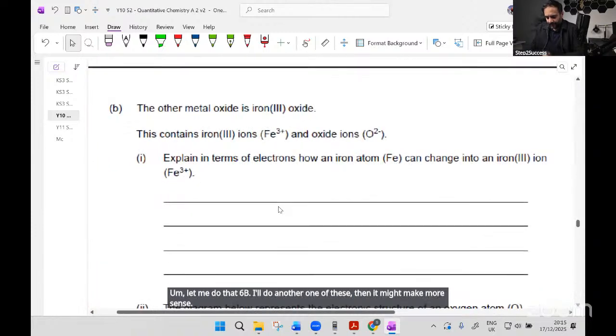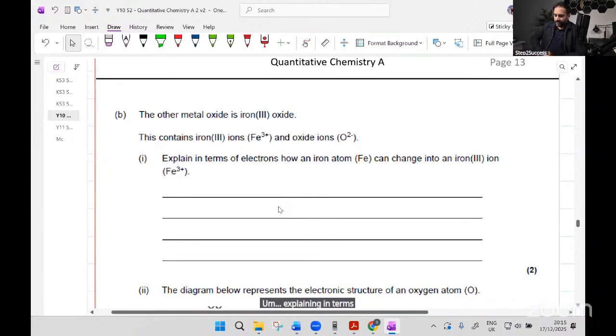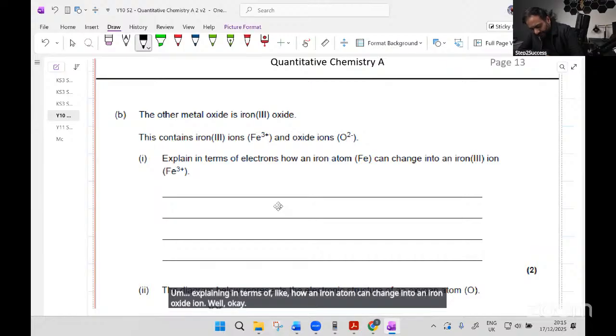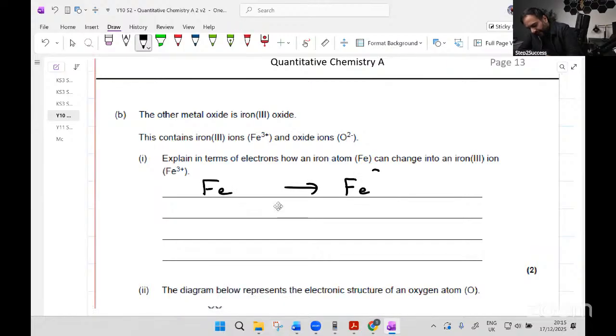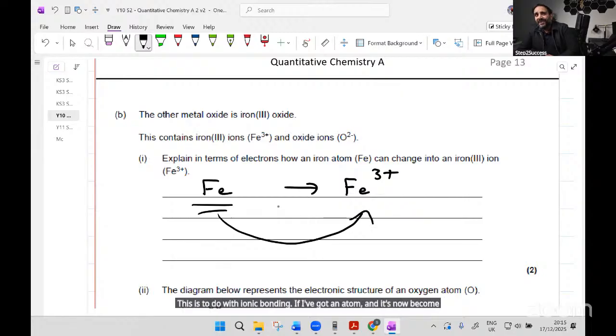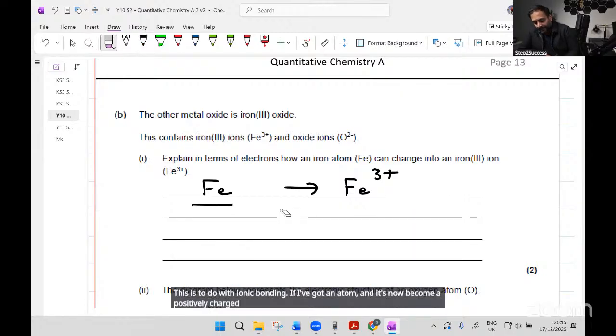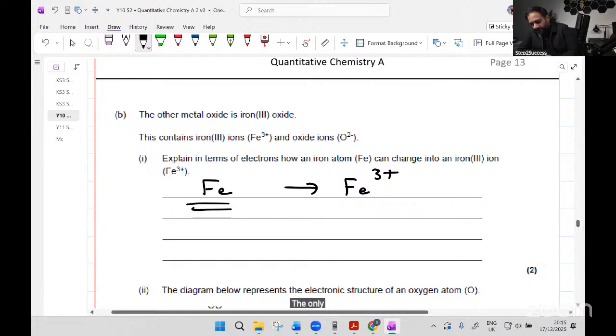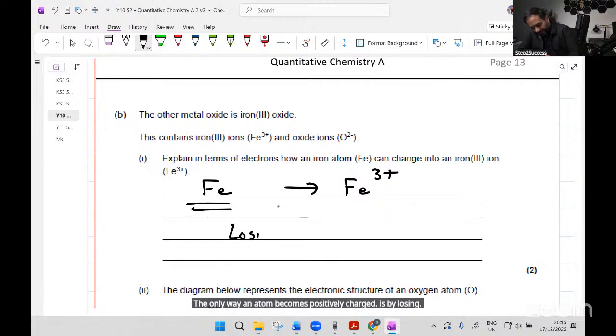Explain in terms of electrons how an iron atom can change into an iron oxide ion. Well, okay. This is to do with ionic bonding. If I've got an atom and it's now become a positively charged ion, the only way an atom becomes positively charged is by losing some electrons, because the electrons are the negatively charged things.